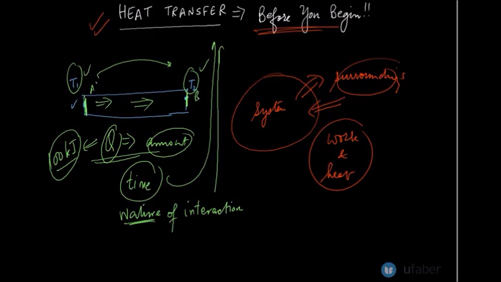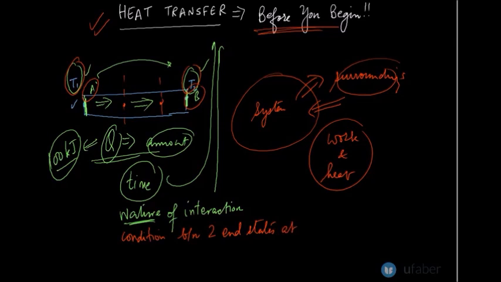And there is one more thing which can be found out with the help of the subject of heat transfer: apart from knowing the end conditions, we can also find out any condition at any intermediate point between points A and B. So you can also find out the condition of the system, or condition between two end states, at any intermediate section or position of the system.